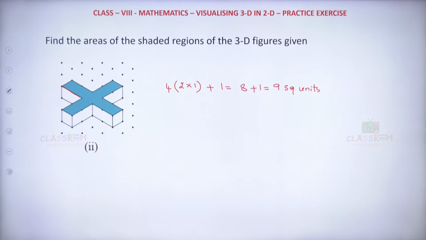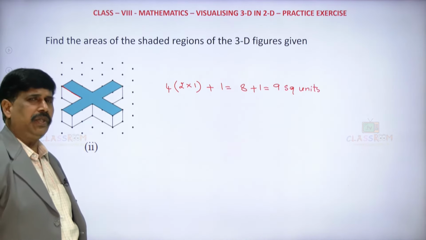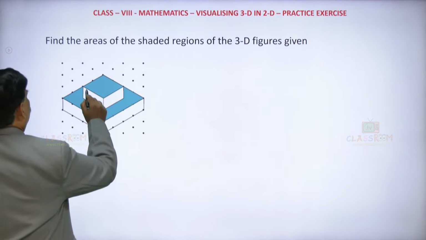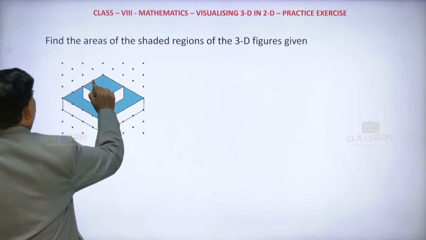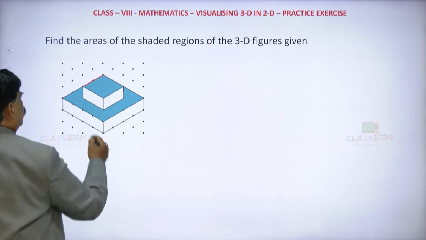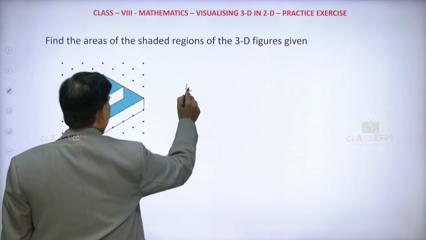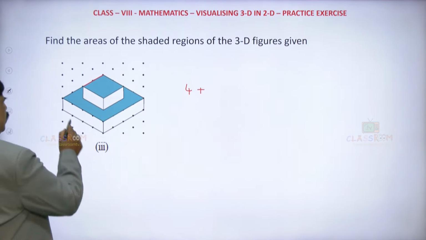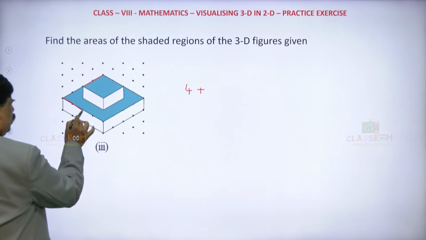Now, see the next one now. So here, look at here, 1, 2. So this is 2 by 2. That means 4, plus 1, 2, 3, 4.